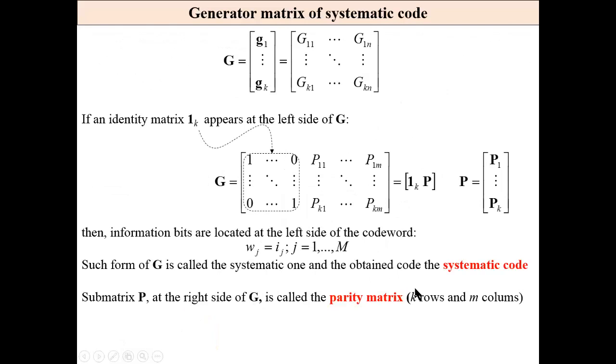If an identity matrix appears at the left side of matrix G, like here, then information bits are located at the left side of the code word, and such a form is called the systematic one, and the obtained code a systematic code. A submatrix P, this submatrix, K rows, M columns, is called a parity-check matrix.